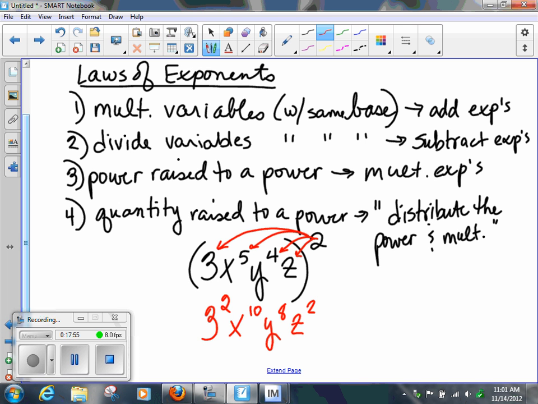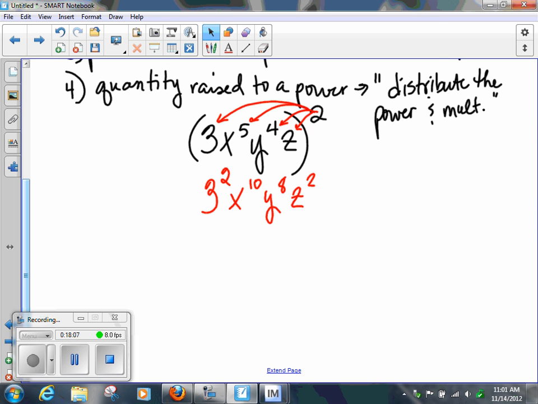But this is from Algebra 1 rules of exponents. You're right. But here's another one that we often leave off.